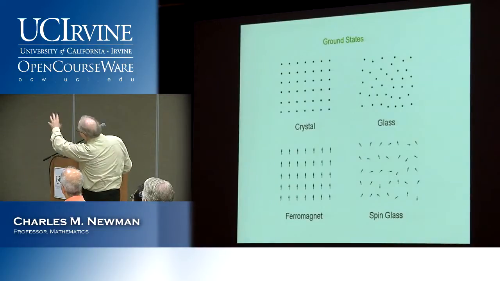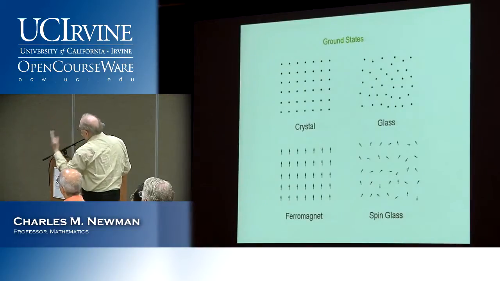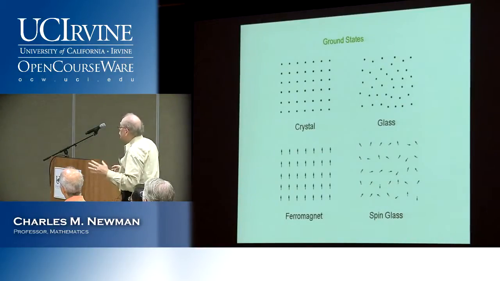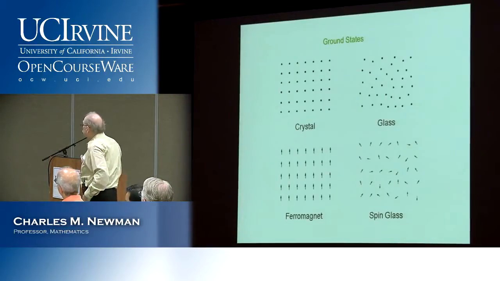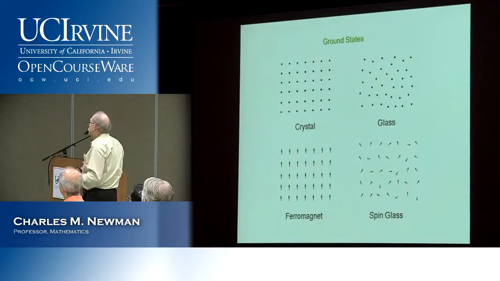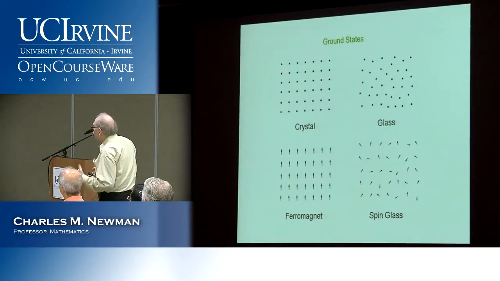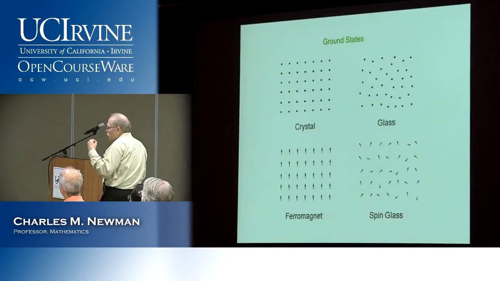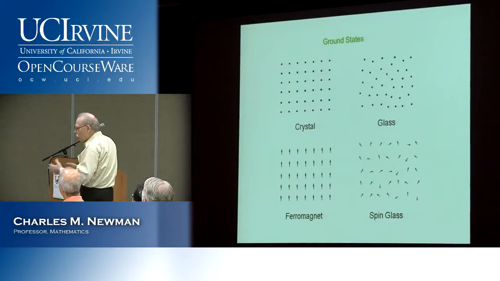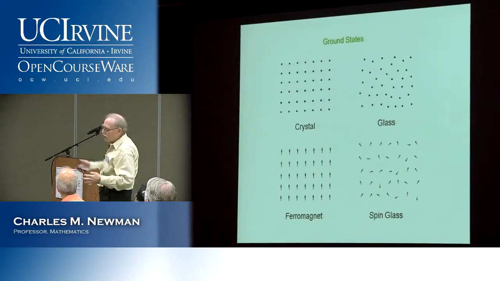It's not always a square or cubic array like that. Some other structures come up, but that's an example of one. On the other hand, the molecules of a glass, like in a crystal, they're not moving around if you're at low temperature, but they are disordered. They come in kind of random-looking locations, but they're kind of stuck there for stoichiometric reasons. They just can't move around each other.